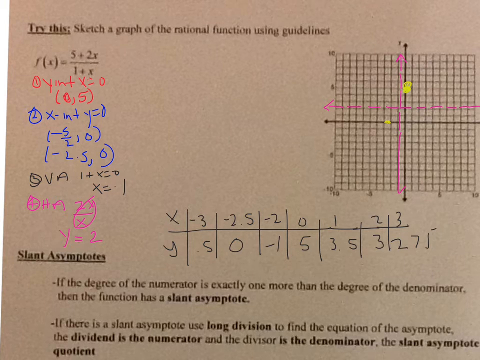Okay, so at negative 3, I'm at a half. At negative 2.5, I'm at 0. So you can see I'm going down towards my asymptote. And at negative 2, it's negative 1.